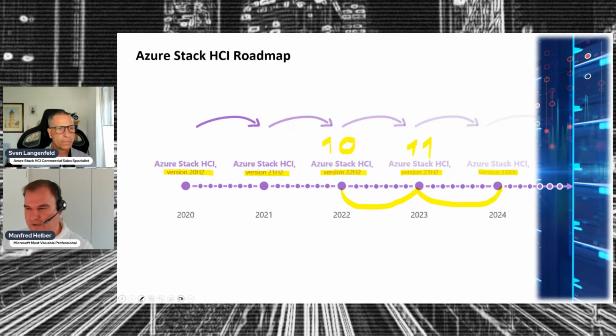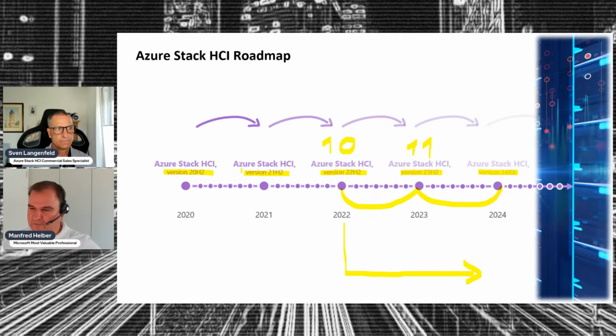Yeah, 2 important things. At the moment, we have the situation that 22H2 is supported until we have clearness about a migration from 2022 H2 to 23H2. So it's absolutely correct what you said.